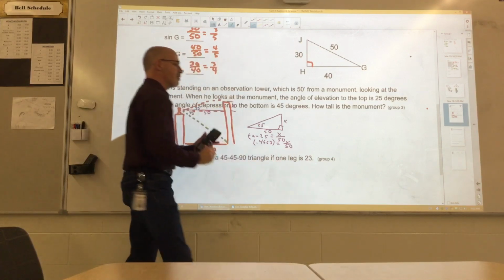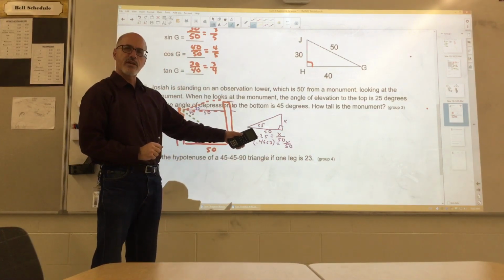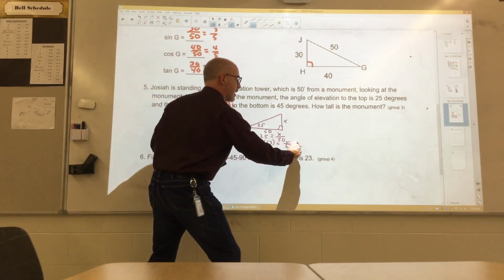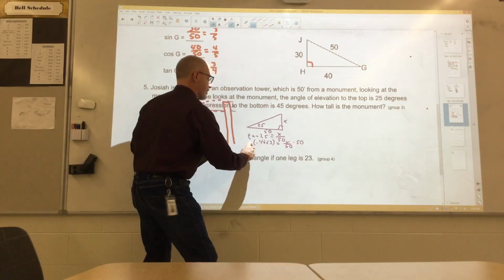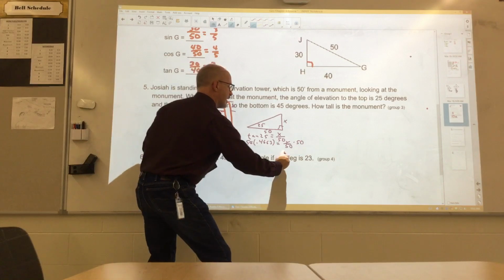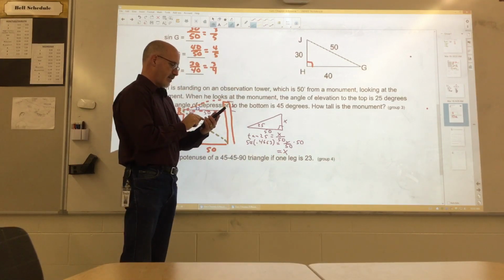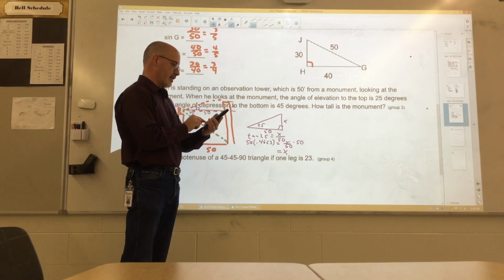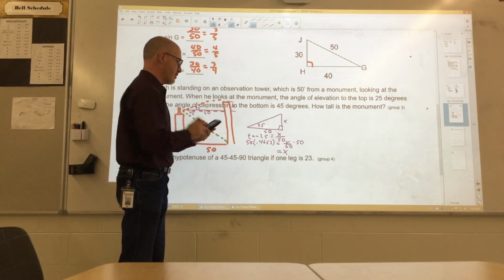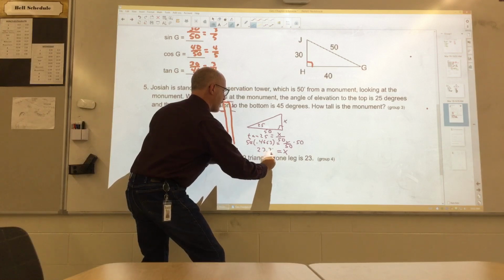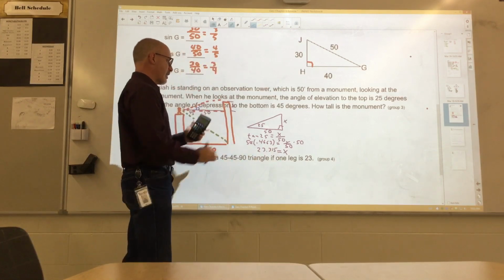Now, how you solve that equation, you get rid of the 50 in the denominator by multiplying by 50 on both sides. So I get x equal to 50 times 0.4663, and that number is 23.315.